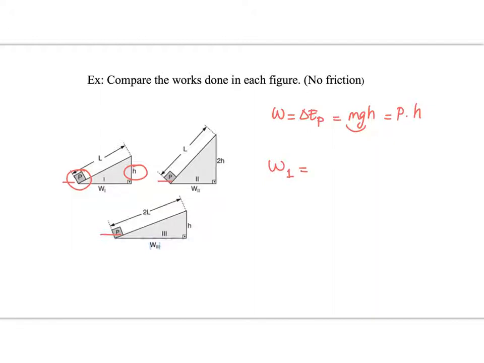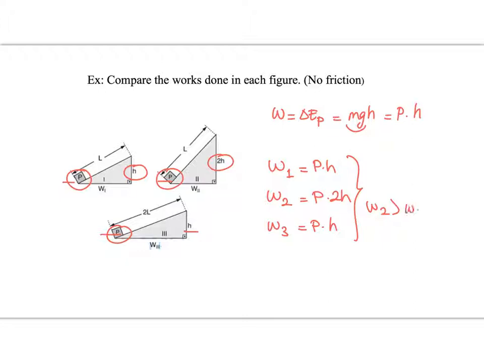In figure 2, the work done is P times 2h, and in figure 3, with the height of h, it is P times h. So you see that W2 is bigger than W1, which is equal to W3.